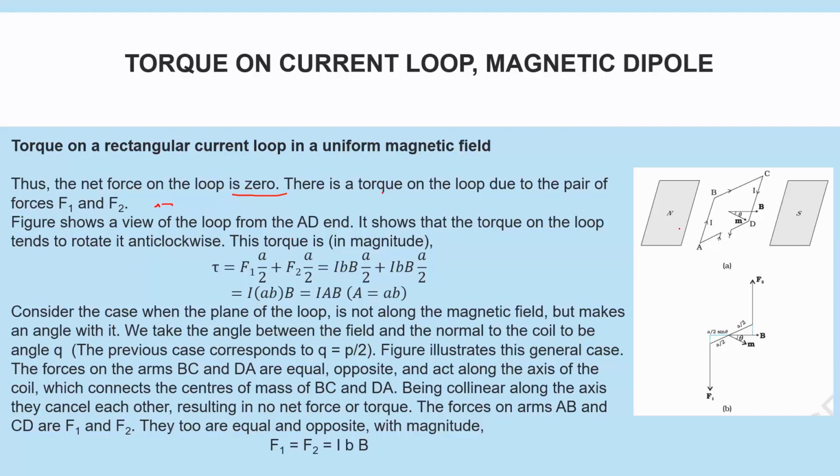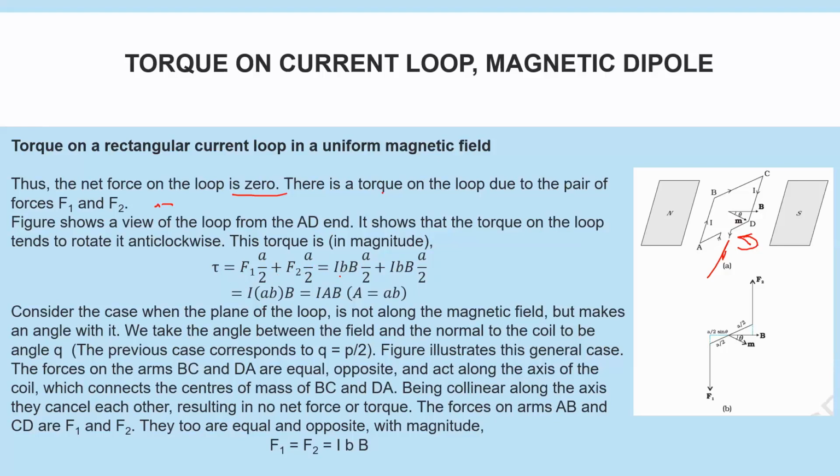Now over here, this figure is showing a view of the loop from the AD side. It shows that the torque on the loop is rotating it anti-clockwise, in this direction. If you want to find the magnitude of this torque, we sum the product of force and the length for both forces F1 and F2.